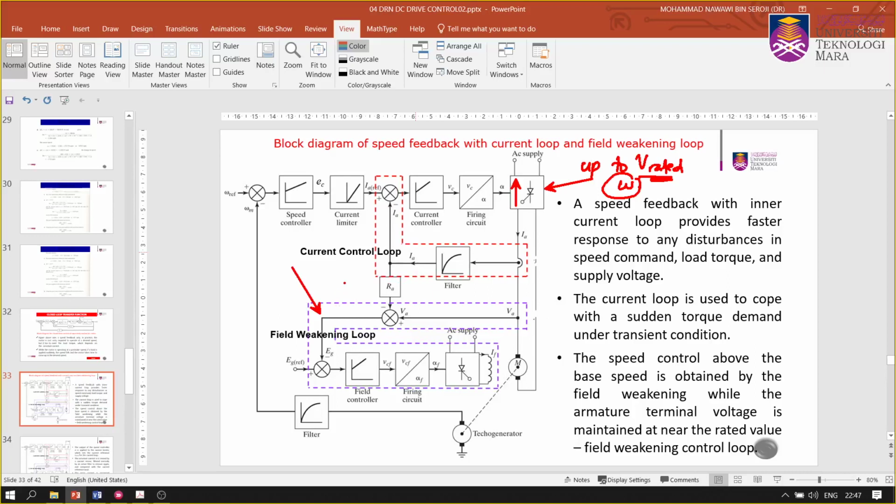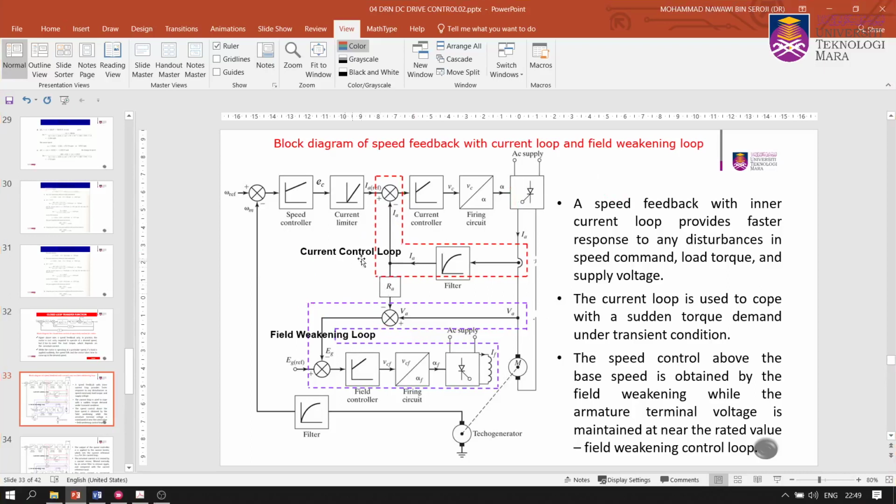So we have to reduce the IF. Remember, we also have torque equals K flux IA. Then we can also have another K here, K IF IA. So you can also reduce IF in order for us to increase the speed here. There is a method. So that's why you have this complete block diagram, with the current control loop as well as the field weakening loop.